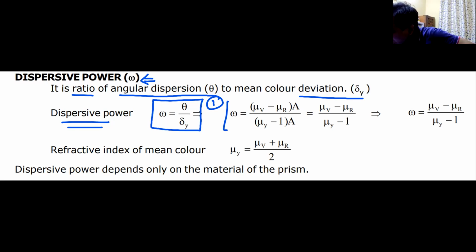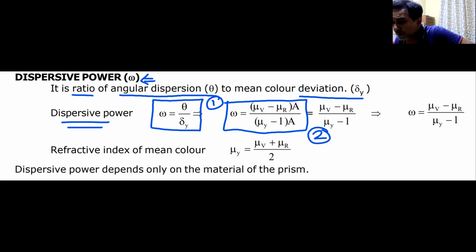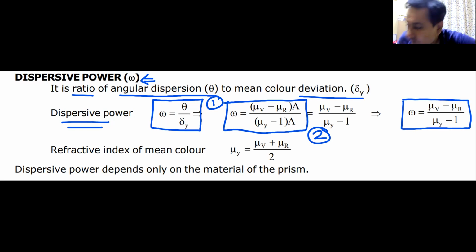And if I put the values, this becomes formula number 2 for the same omega. Formula number 1 and formula number 2 are not different. They are the same. Dispersive power omega for a prism is mu violet minus mu red divided by mu yellow minus 1.